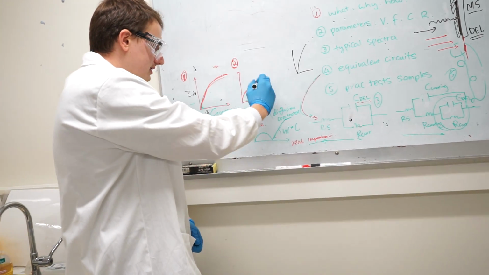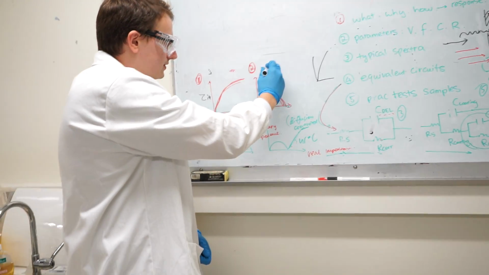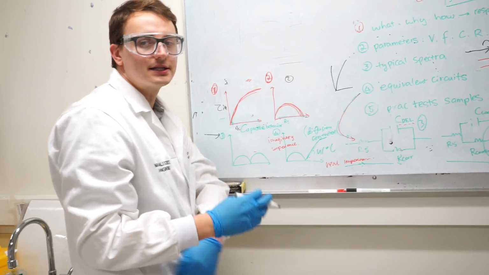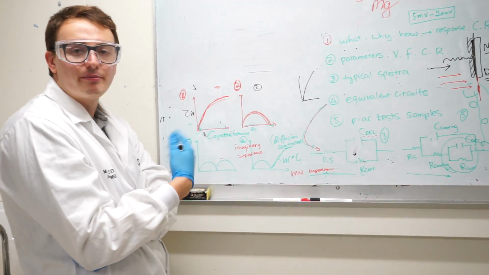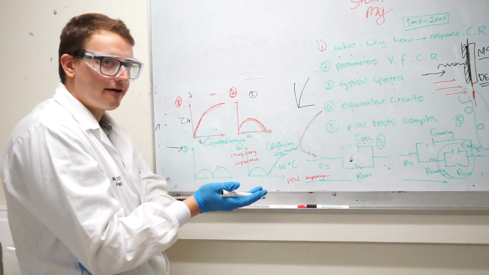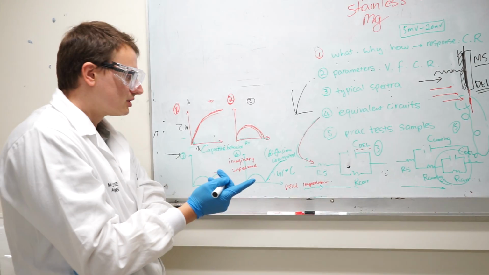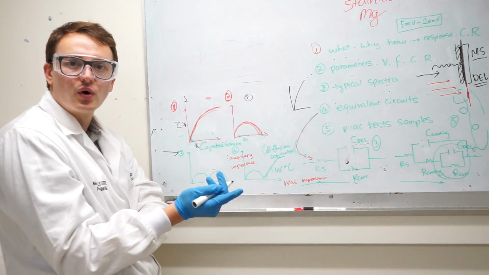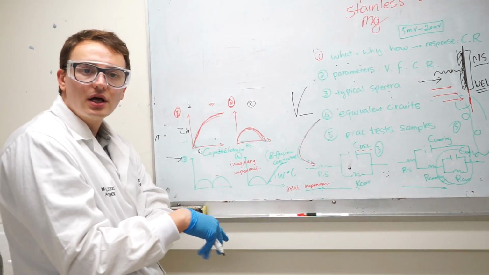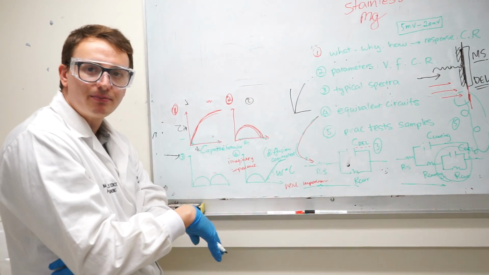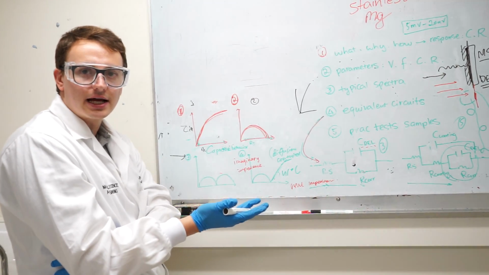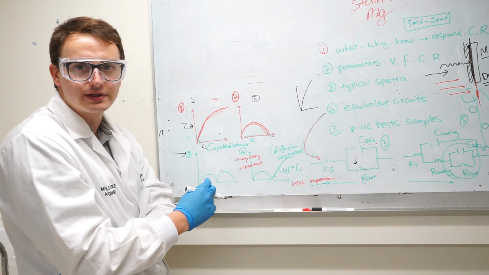Here, when you close this completely, you have two scenarios. The first scenario is where you have a bare sample and you just have one resistance in the system, which is your AA resistance. Or you have something between the sample and the electrolyte, then you have your coating resistance.